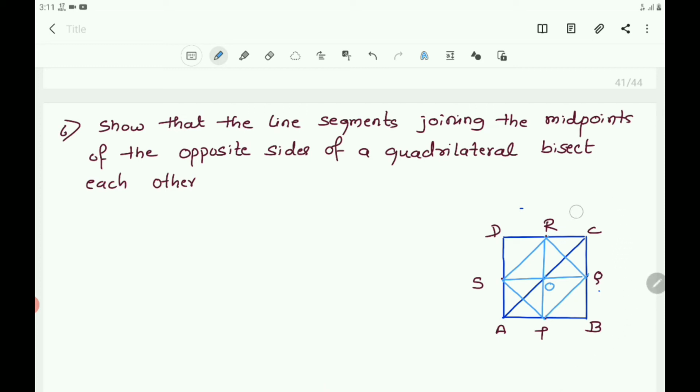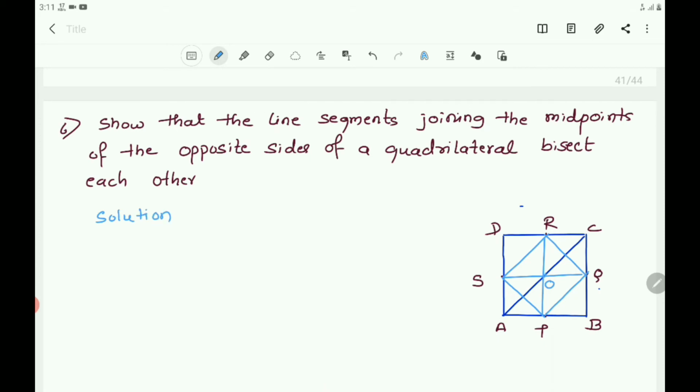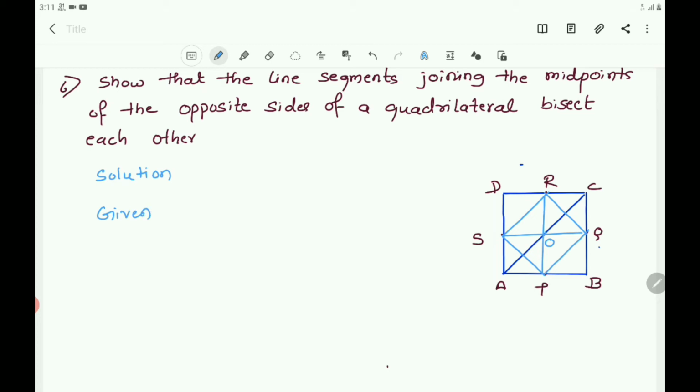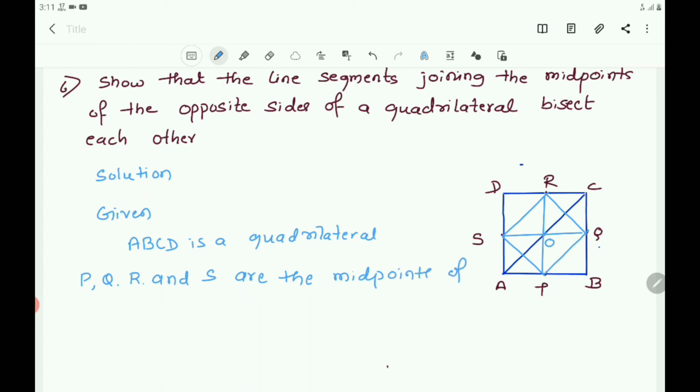Now you take the solution. Given: ABCD is a quadrilateral, and P, Q, R and S are the midpoints of the sides AB, BC, CD, DA respectively.